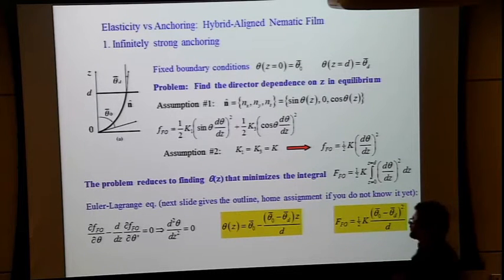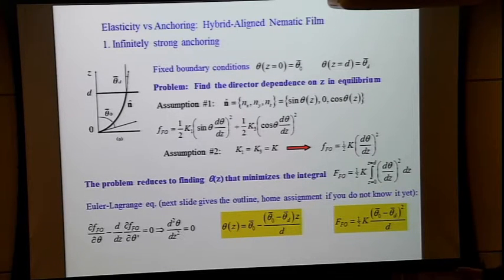And from the boundary conditions, which are very easy, because I told you how the molecules are oriented here and how they are oriented there, you arrive at the solution that this is a linear function, and as you go from bottom to the top, the angle changes linearly with z.